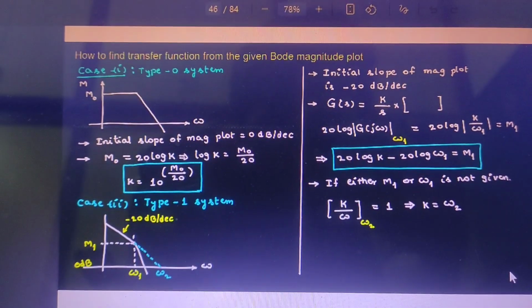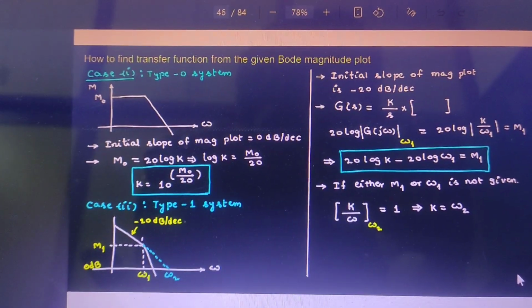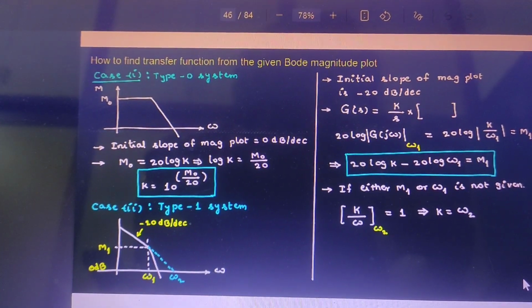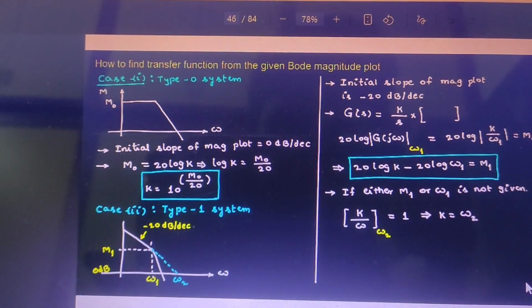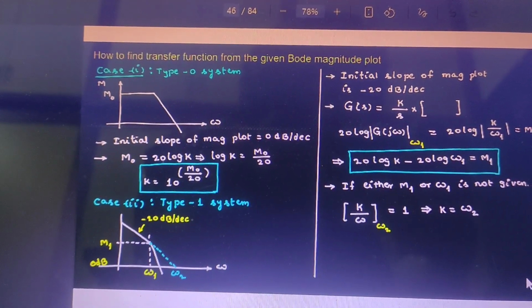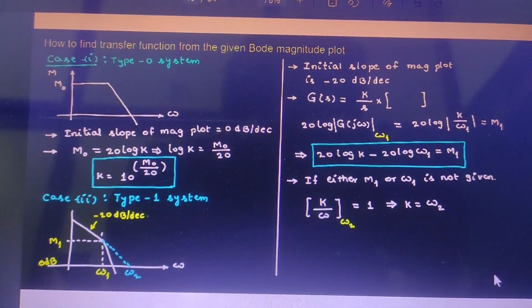In a type 1 system, initial slope is minus 20 dB per decade. So if you extend the initial slope and cut it at the real axis, you will get omega 2. Gain K will be omega 2.